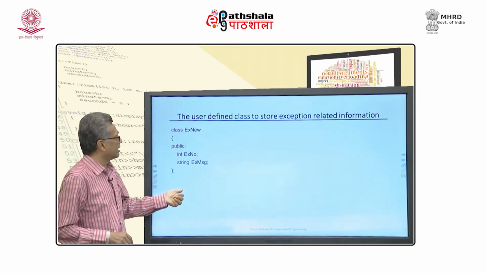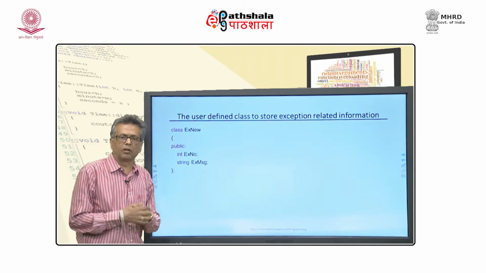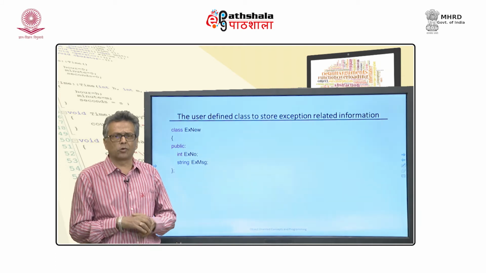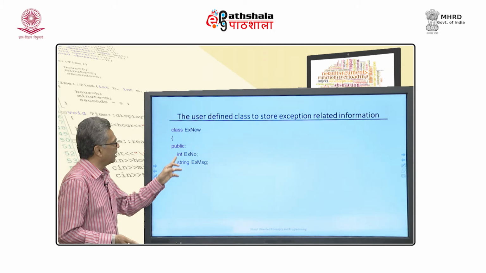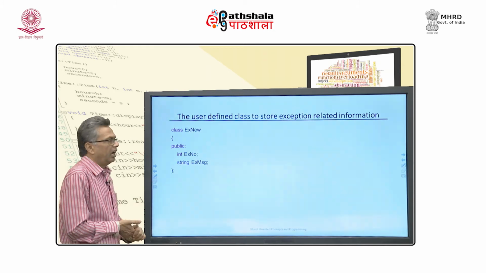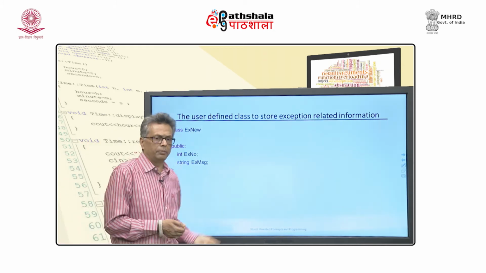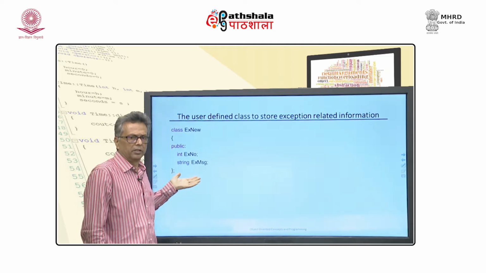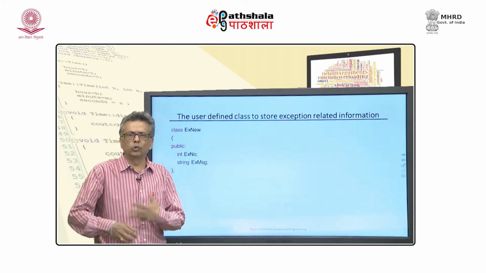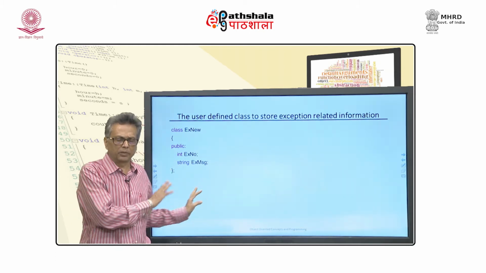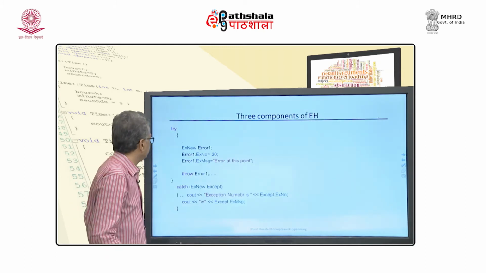Here is the class. We just define this class as our own class for throwing an exception. I call it ex new, exception new. It's a very simple class containing only two items, exception number and exception message. Normally you would have a function to write the expression, but I am keeping it very simple right now.